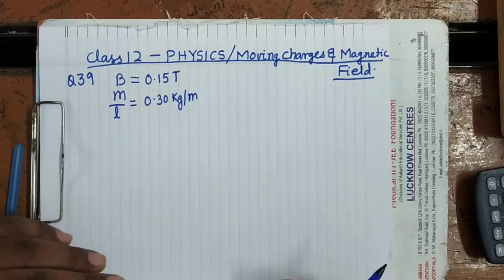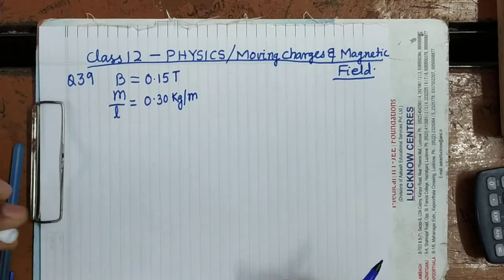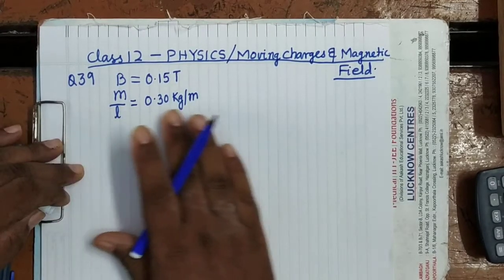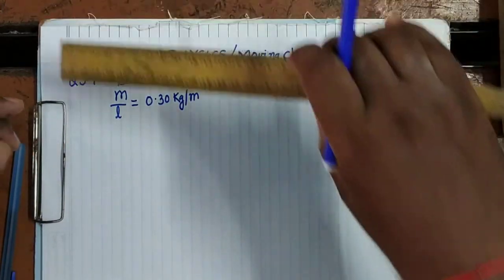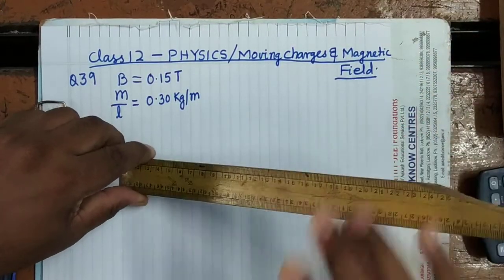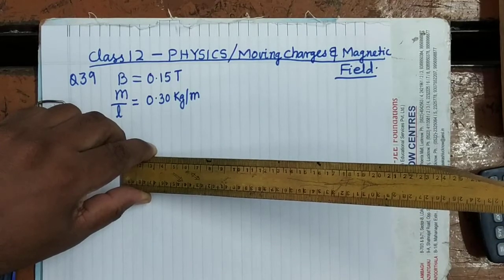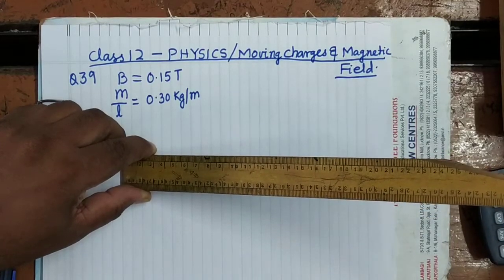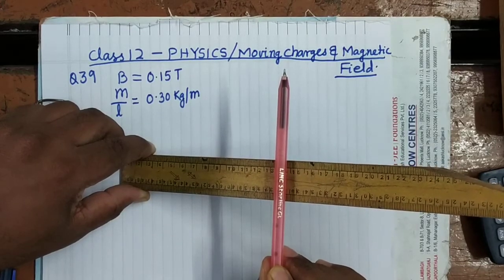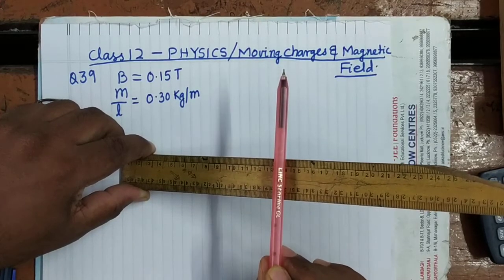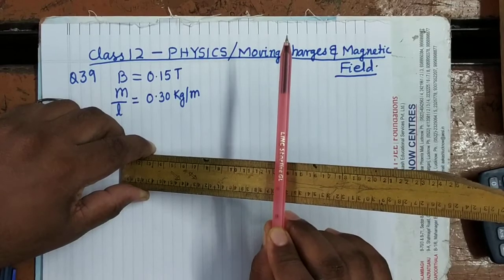Now see here what will be the position here. This is the horizontal ground and suppose this is an inclined plane, and over this inclined plane this current carrying rod is lying. It's clear. Now current will flow through this rod.